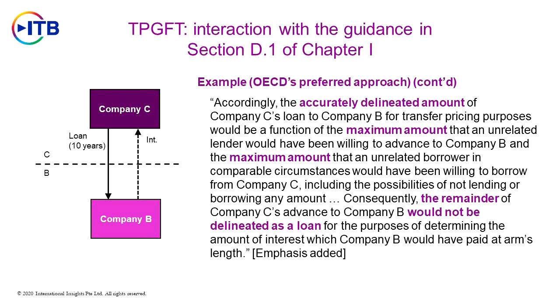Consequently, the remainder of Company C's advance to Company B would not be delineated as a loan for the purposes of determining the amount of interest which Company B would have paid at arm's length.